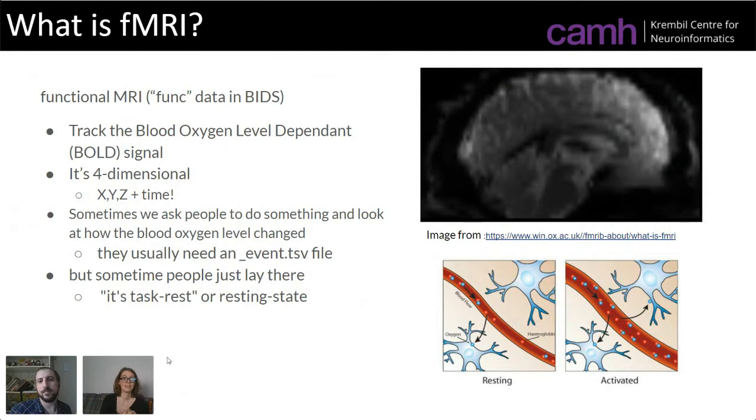This idea came in the late 90s, when someone realized that deoxygenated blood and oxygenated blood have slightly different magnetic properties. If we capture a movie of MRI signal focused on finding this difference between oxygenated and deoxygenated blood, we start to see changes over time.